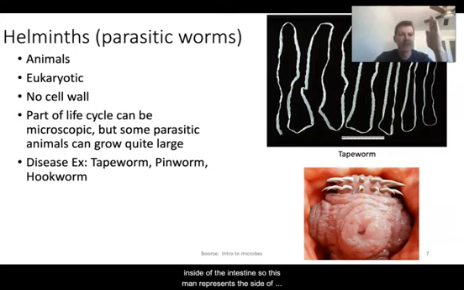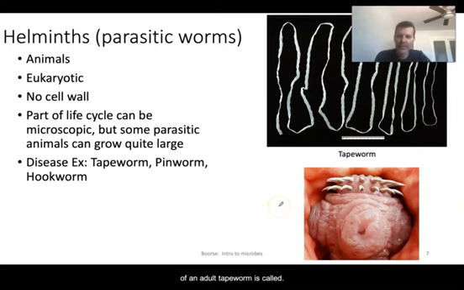If my hand represents the side of the intestinal wall, there needs to be something that allows the tapeworm to attach there. Often it's a ring of teeth that can penetrate and hook onto that side of the intestinal wall. These are not eyes, but rather suckers that are also for attachment. So the head region of an adult tapeworm is called a scolex, and it's for attachment.